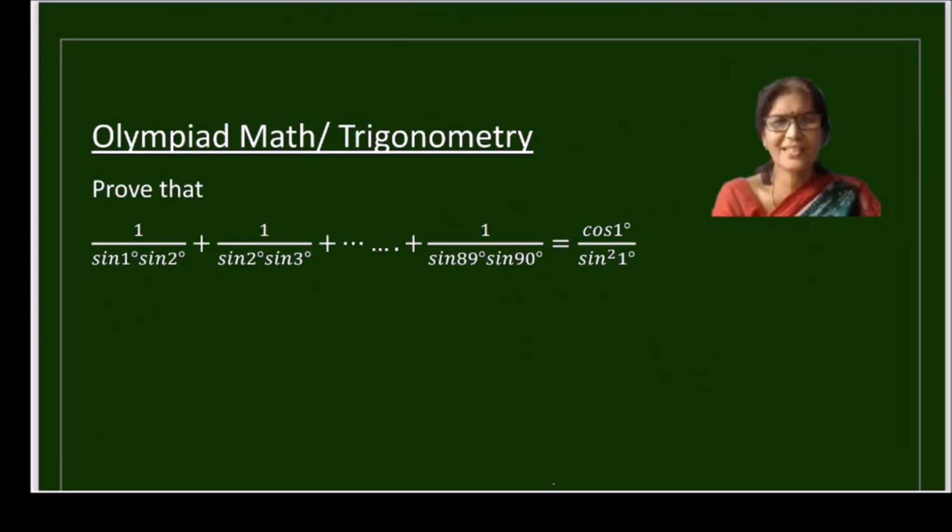Prove that 1 over sine 1 degree and sine 2 degree product, plus 1 over product of sine 2 degrees and 3 degree, next will be 1 over sine 3 degree multiply sine 4 degree, up to 1 over sine 89 degree and sine 90 degree is equal to cos 1 degree over sine square 1 degree.